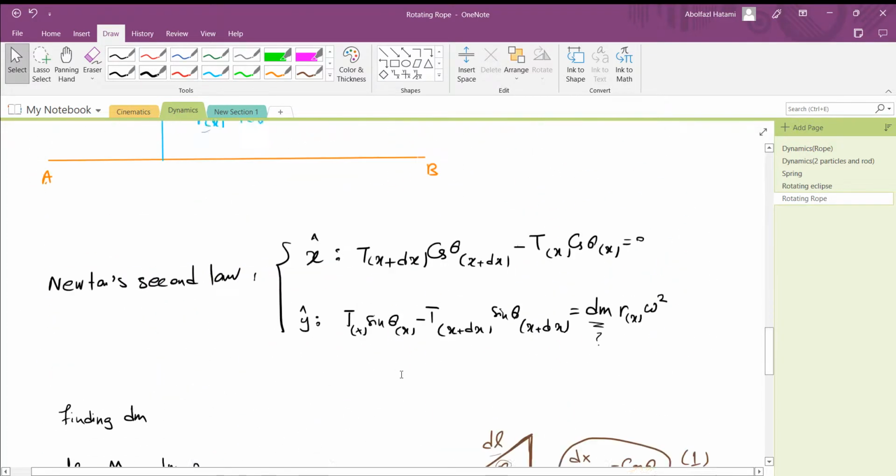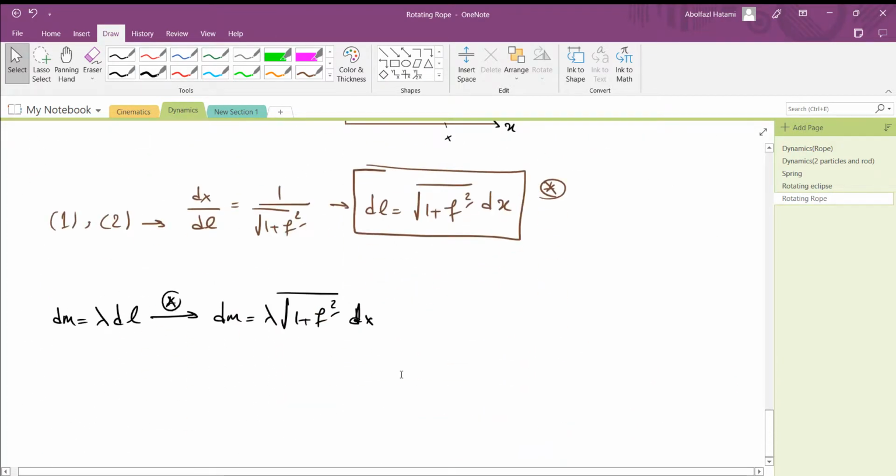Now I want to substitute it in the y hat equation.